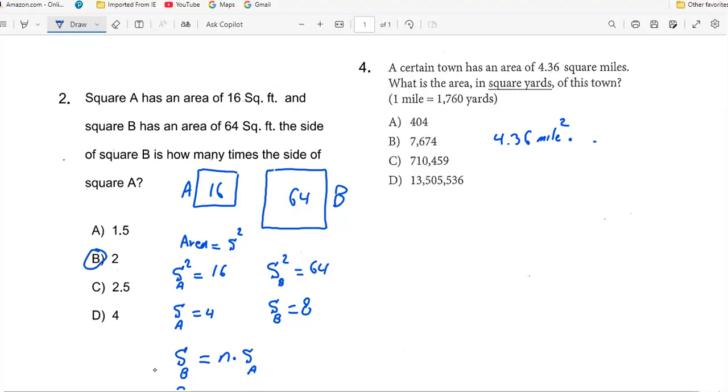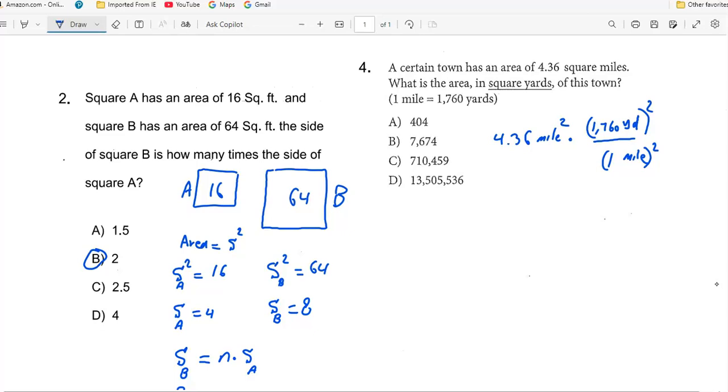So I'm going to put the miles on the bottom and the yards on the top. So the yard on the top and mile on the bottom. So the mile cancels, but I have mile squared. So I have to square the top and bottom. Already I have 1 mile equals 1,760 yards, but I have to square it to make it yard squared, mile squared. So the mile squared on the top cancels.